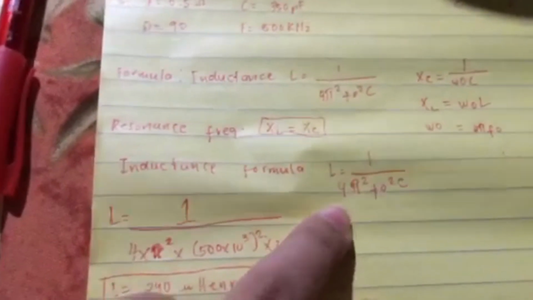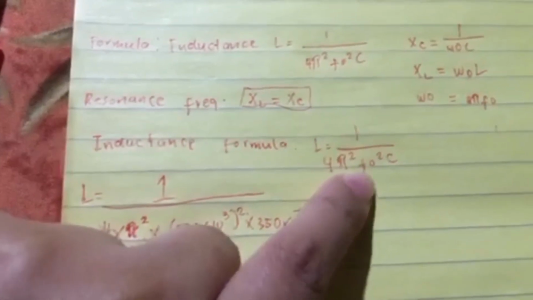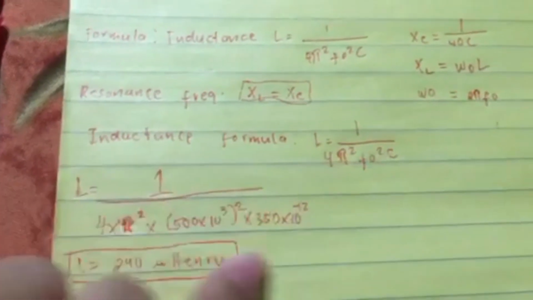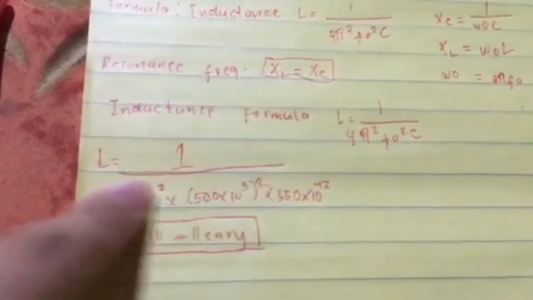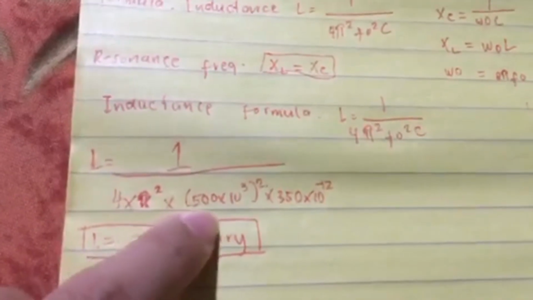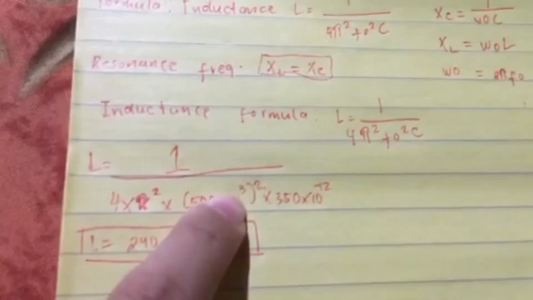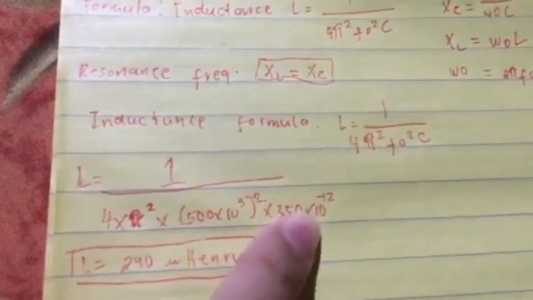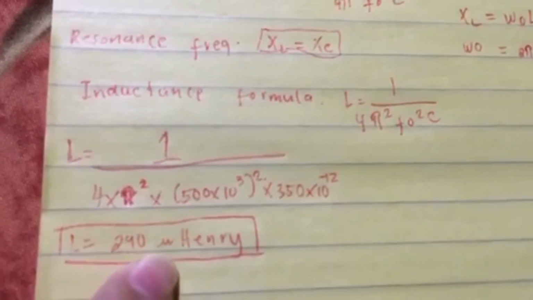So L is equal to 1 over 4 times pi squared times 500 times 10 to the power of 3 squared, times 350 times 10 to the power of negative 12. The final answer is L is equal to 290 microhenry.